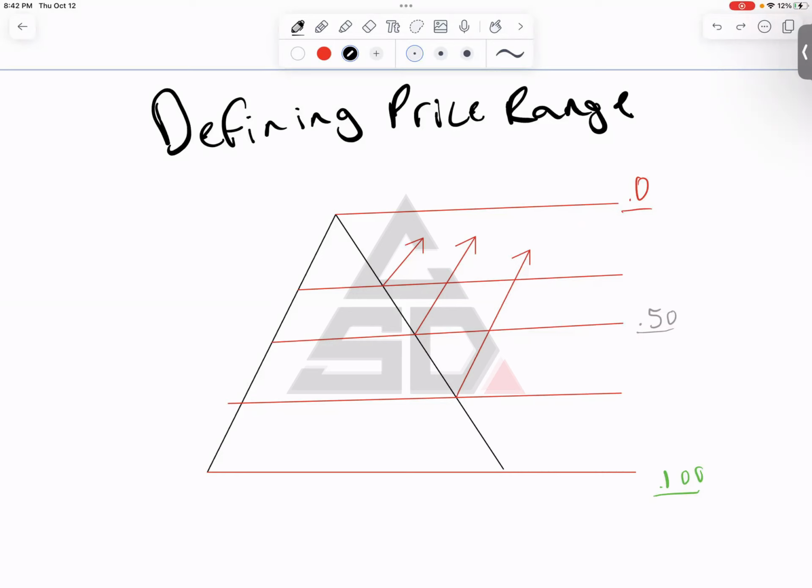So imagine this right here being your trend, going in the upward direction. Imagine this black line being your trend, and imagine this being your retracement.